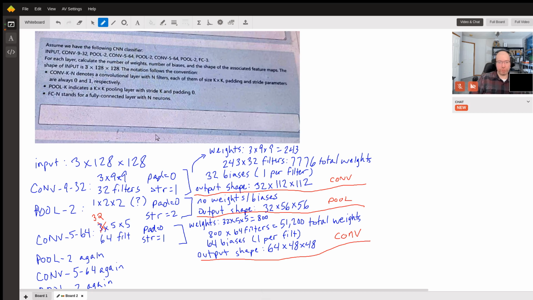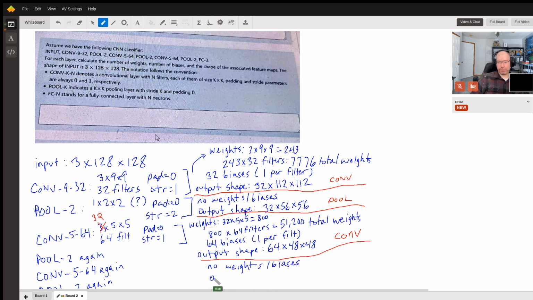Okay. So then I think we're ready for another pooling layer. All right, so another pool 2. So again, no weights or biases, because nothing trainable in a pooling layer.